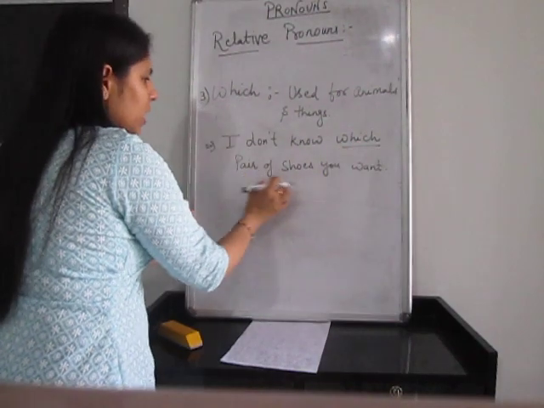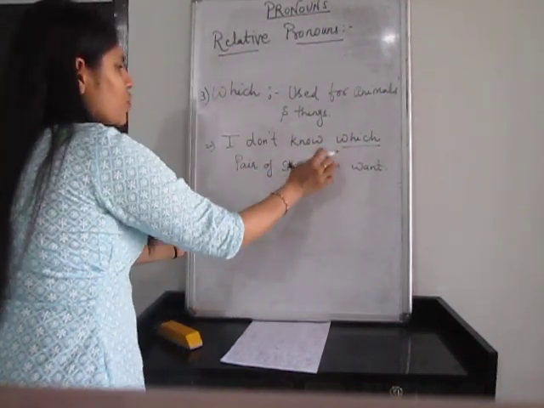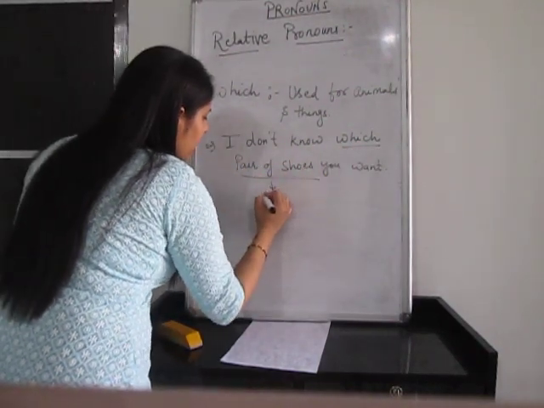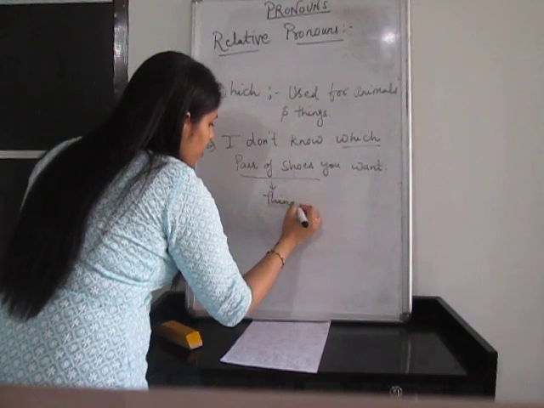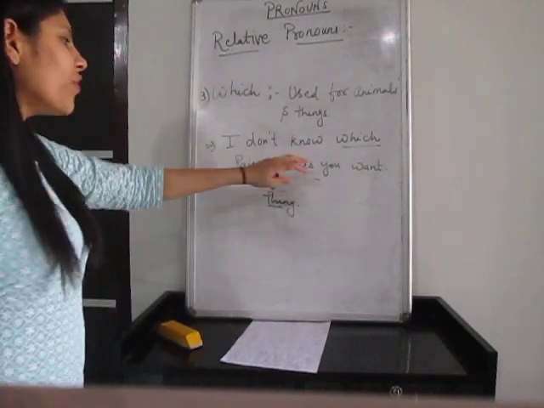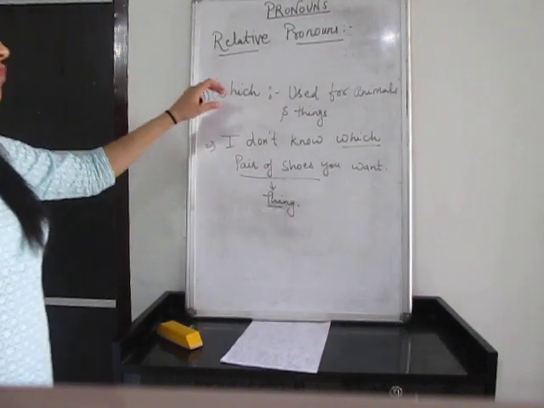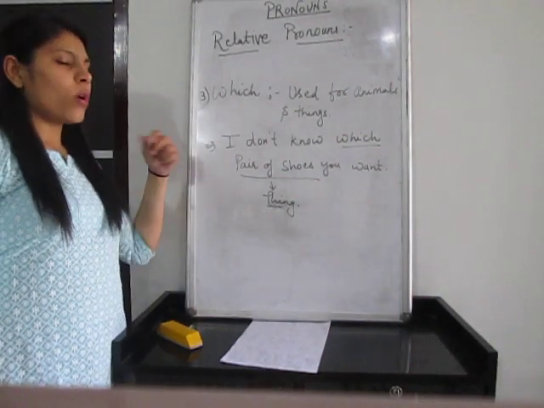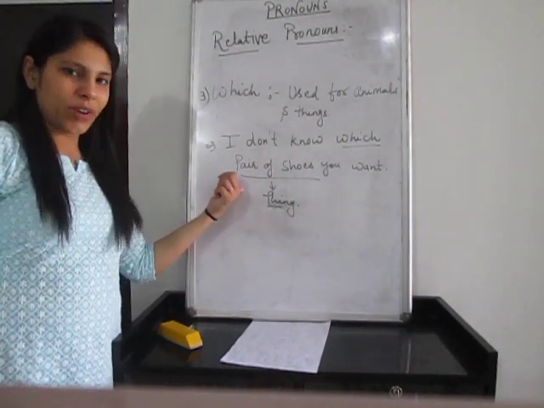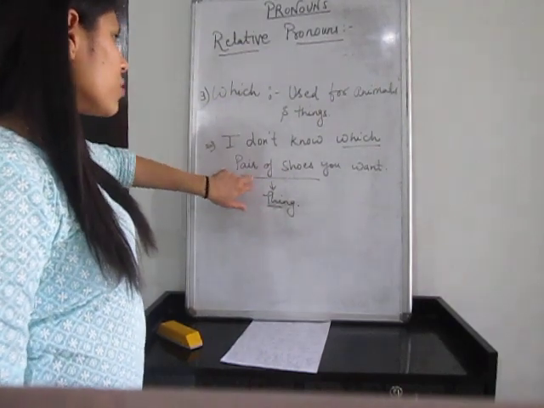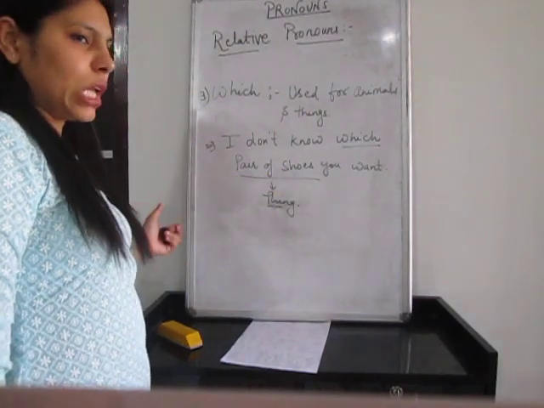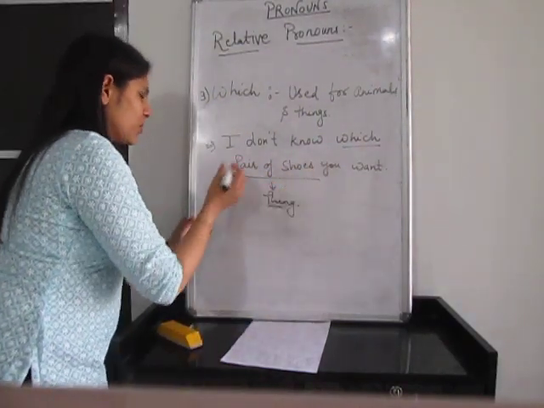We are connecting it with this pair of shoes. Pair of shoes is a thing, so we are using which to connect. If it had been who, there would be a person. So which is used with things. Pair of shoes is a thing, so which pair of shoes.